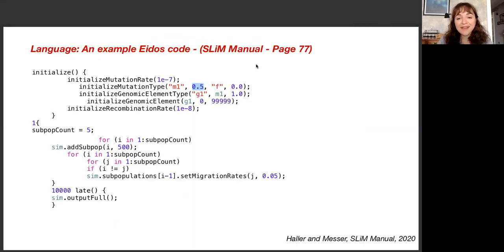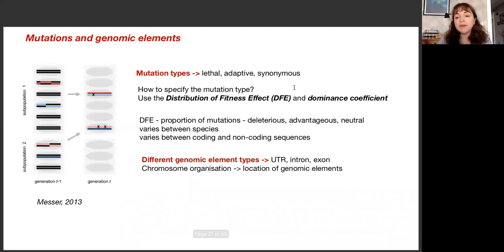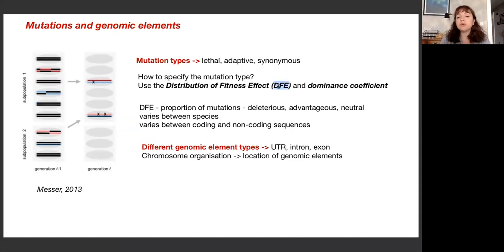And then you define the distribution of fitness effect and dominance coefficient. So for specifying the mutation, you need the distribution of fitness effect, which you can remember from population genetics courses. This means that the mutation can be beneficial, damaging, or neutral. And then you need to know about the dominance coefficient.